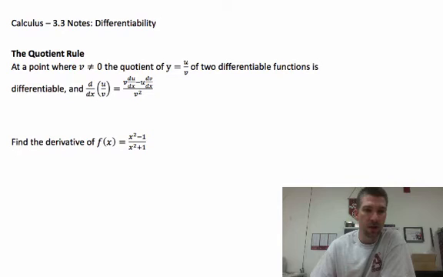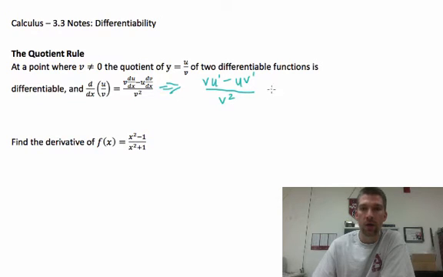There's a couple of other ways to think of this problem, which may or may not help you. We could look at it as v times u prime minus u times v prime, all over v squared.